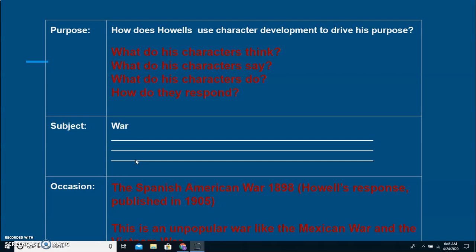Whereas George, on the other hand, I need you to understand, you probably saw this in him, and I want you to make this connection if you didn't notice in your author's study. George's view actually mirrors Howells' view, and Howells was in his life tending towards a pacifist view of war.